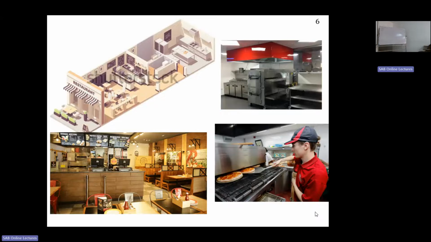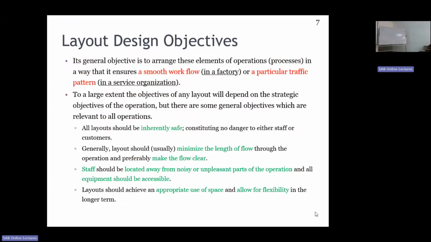So here try to understand how to design layouts to smoothly perform operations. Clear? And this is for layout plan. Now, slide number 7. We try to understand what the layout design objectives are. What are the key objectives? There can be specific objectives, but the general objective is, read the first part.